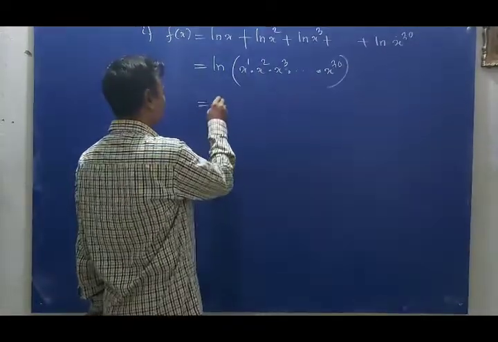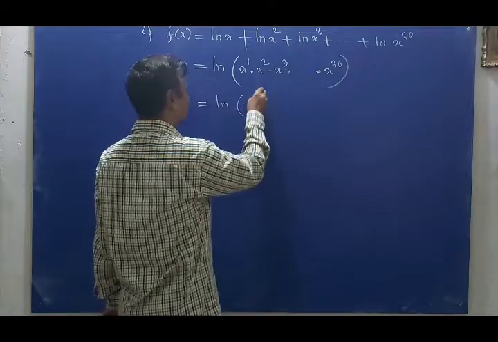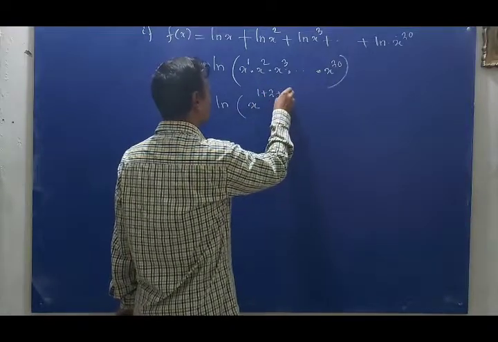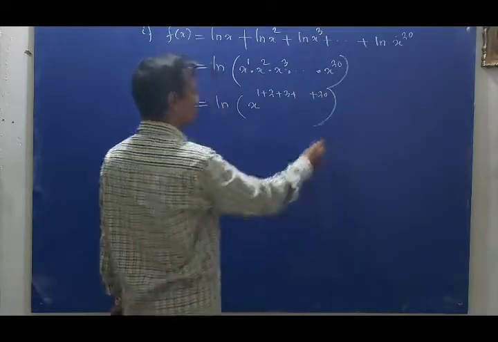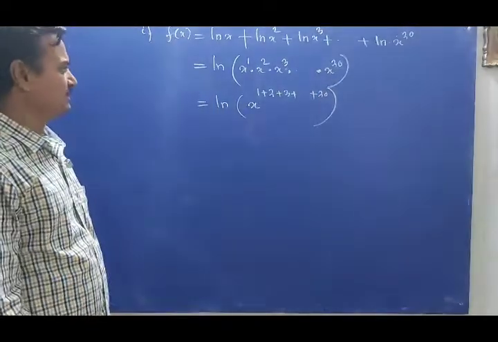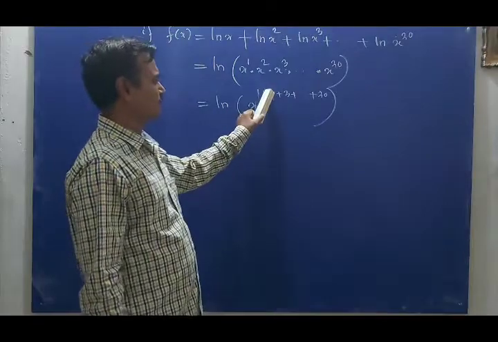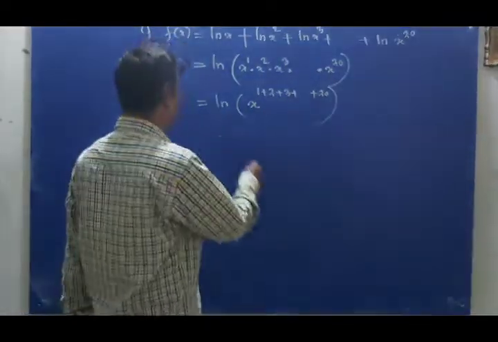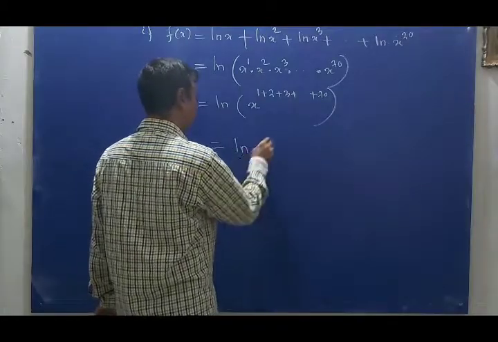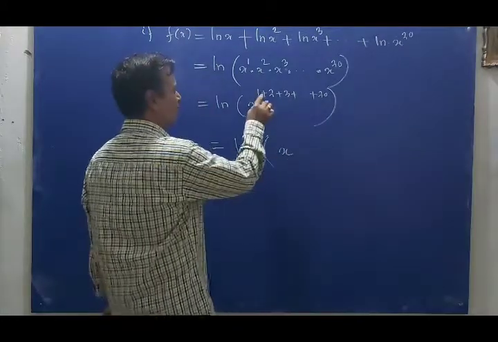Again, this is ln of x to the power 1 plus 2 plus 3 plus up to 20. What is the formula for 1 plus 2 plus 3 plus up to n?